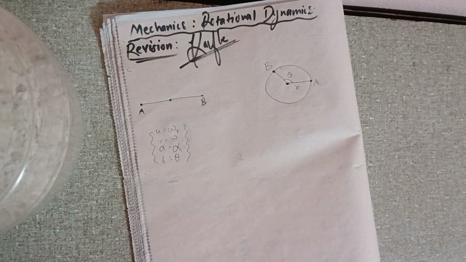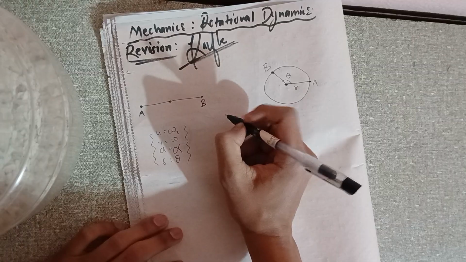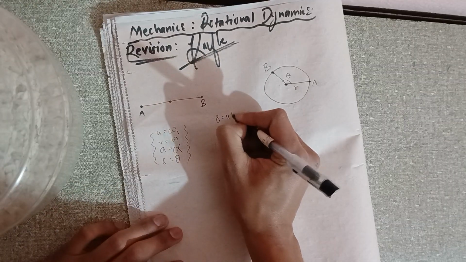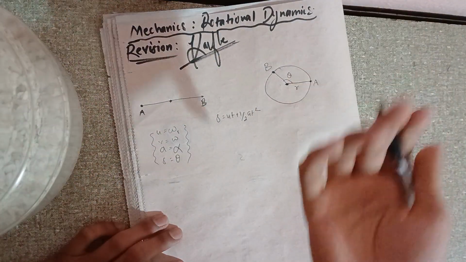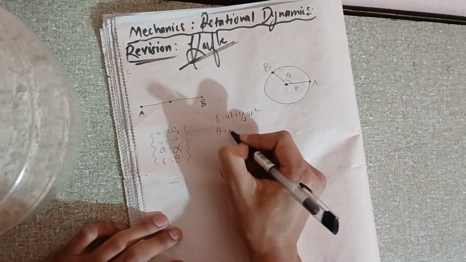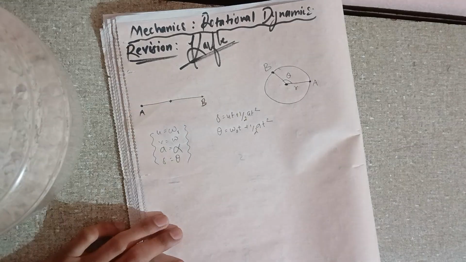This is the fundamentals. Now we have the fundamental equations of motion. s equals ut plus half at squared, which in rotational dynamics can be written as theta equals omega naught t plus 1 by 2 alpha t square.